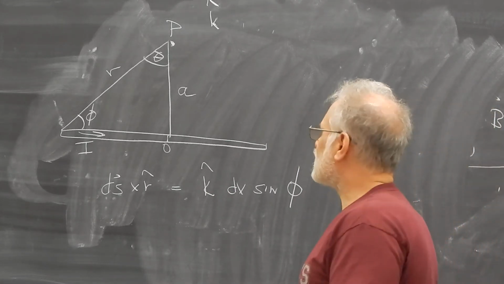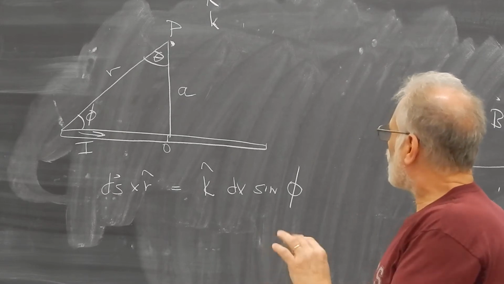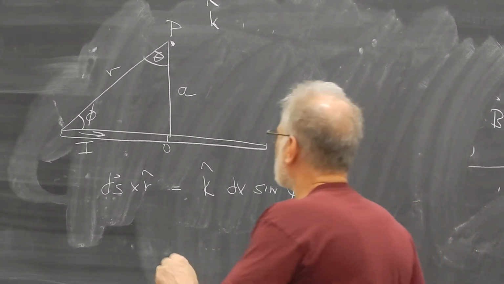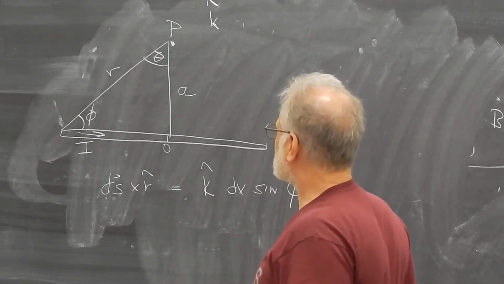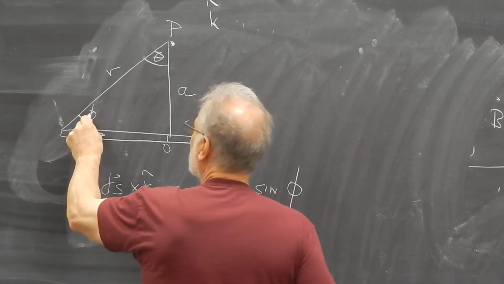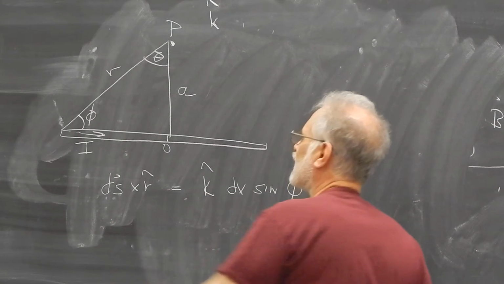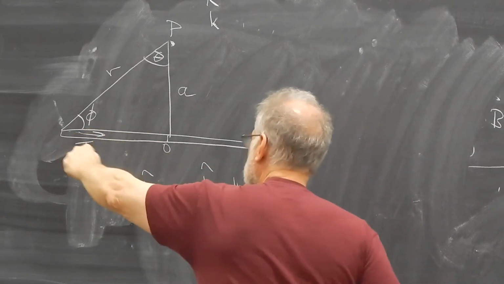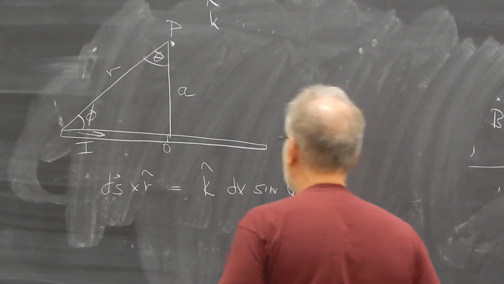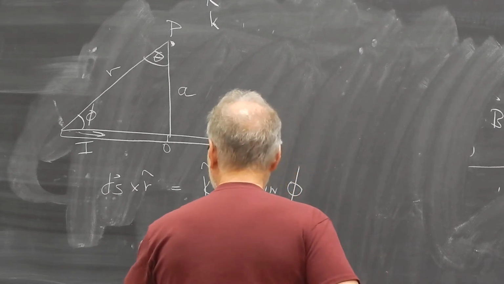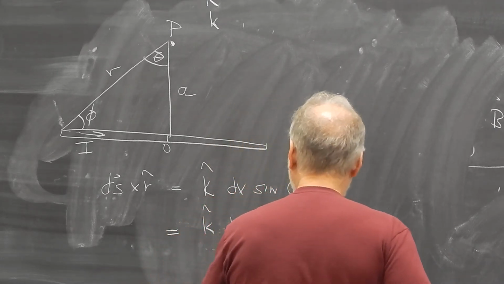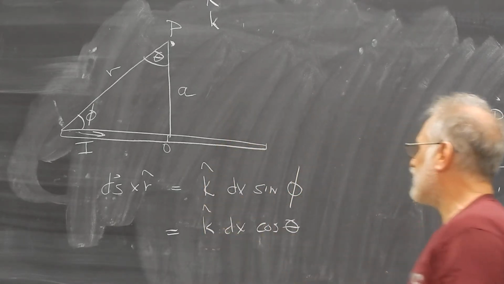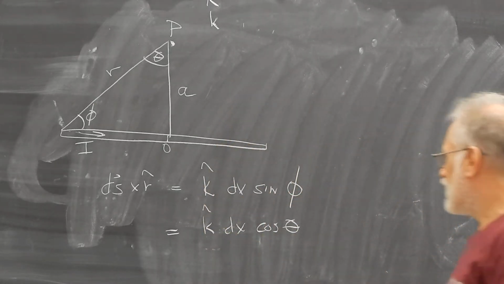One of the problems with this is, though, that when I want to integrate over the length of a wire, it often makes more sense not to use this angle phi, but to use this angle theta, so that I can use that to sweep across the length of the wire. And so I'm going to write this as k dx times the cosine of theta. They're complementary angles, and so I can use this expression.